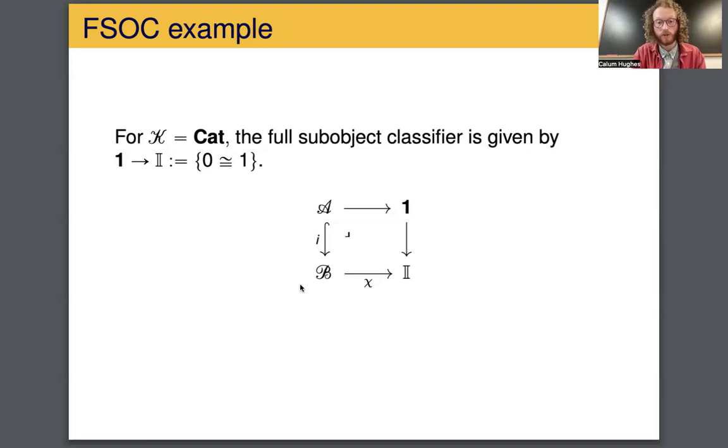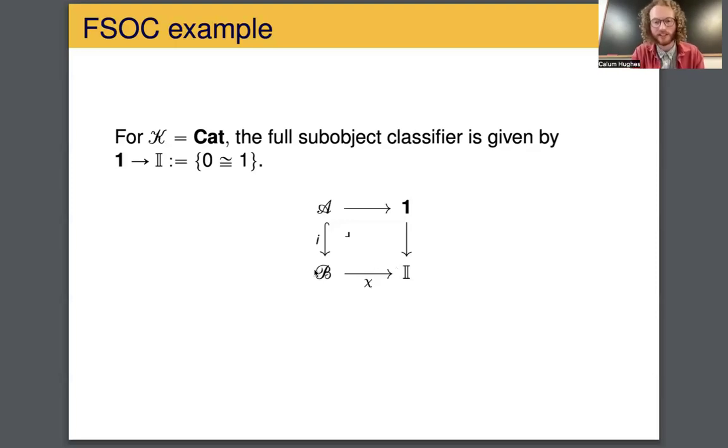And then on morphisms, if B to B prime is a morphism which came from A, then we send it to the identity on 1. If B to B prime is a morphism which didn't come from A at all, then we send it to the identity on 0. And if there's a morphism from something that came from A to something that didn't, then we send this to the unique map from 1 to 0.